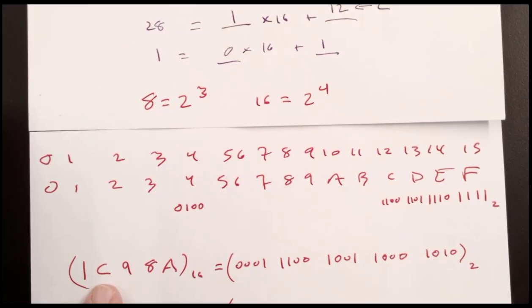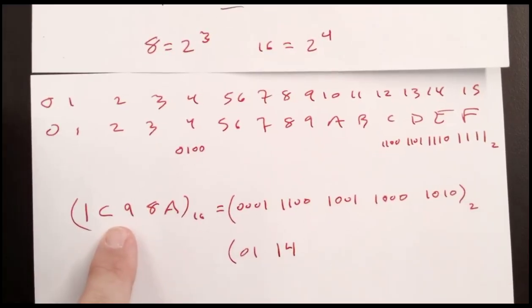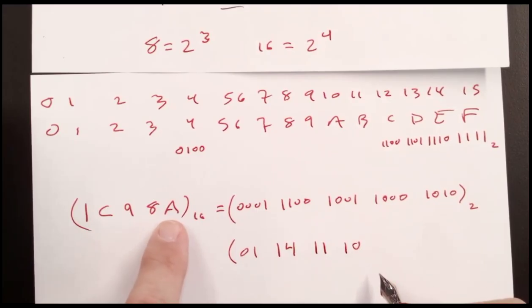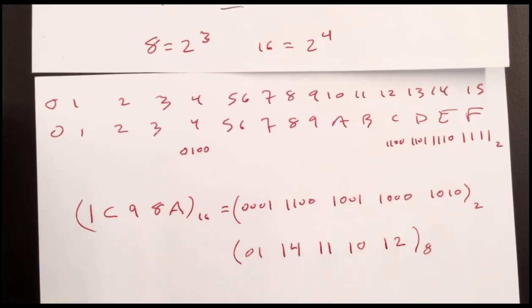This is 12, right? 12 is 8 and 4. 1 8 and 1 4. Oh, that doesn't help. 9 is an 8 and a 1. 8 is 1 8 and 0. A is 10. Switching between hex and binary and octal is trivial with that table in front of me.